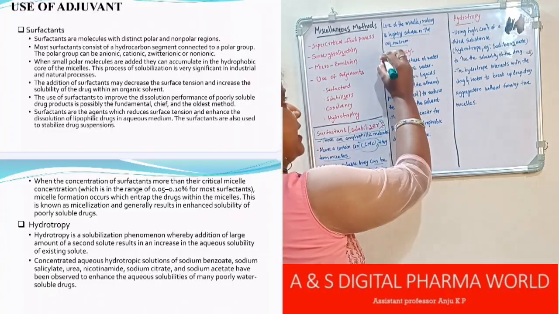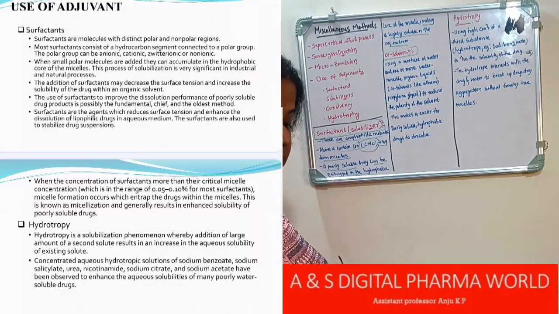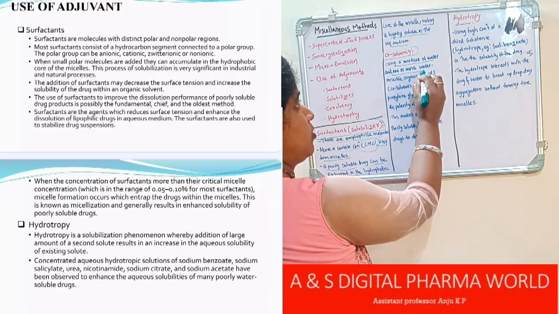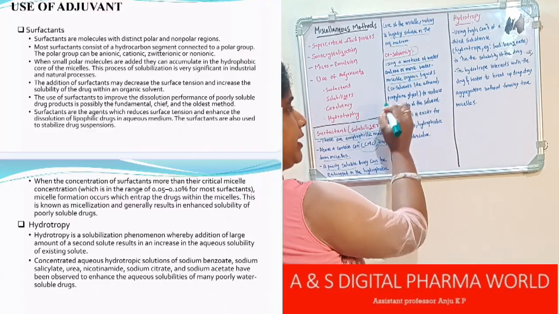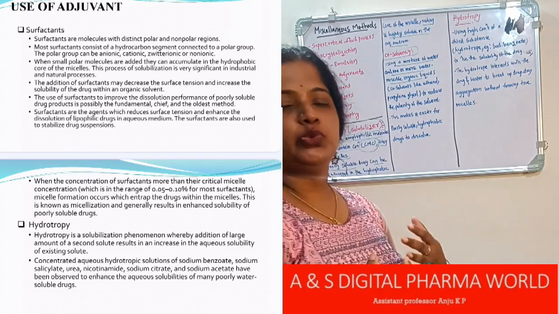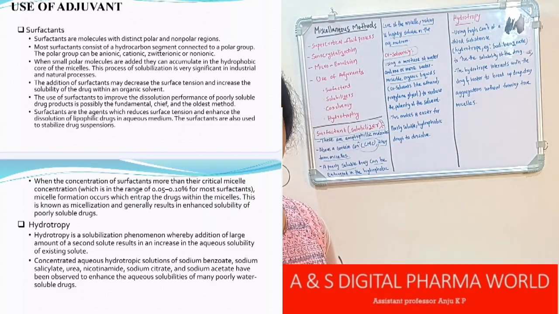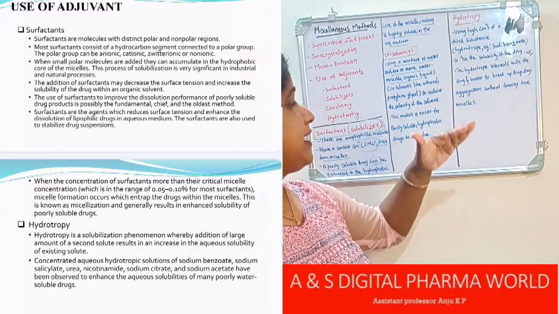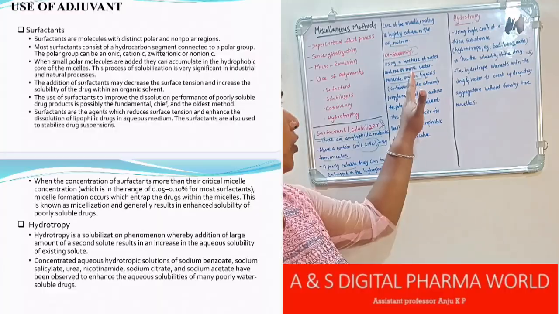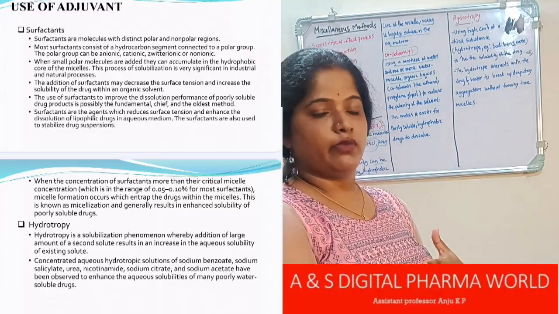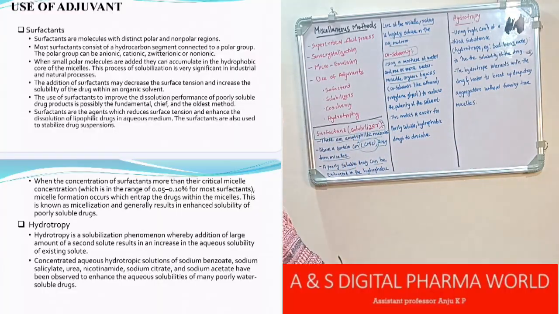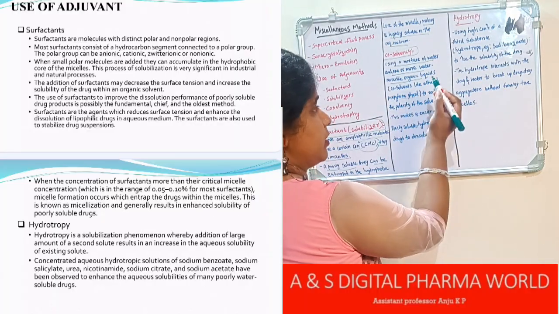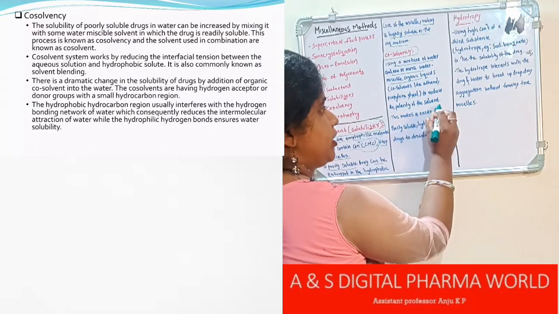Next is co-solvency. In co-solvency, we use a mixture of water and one or more water-miscible organic liquids to increase the solubility of poorly soluble drugs. We add co-solvents like ethanol and propylene glycol, which reduce the polarity of the solvent.